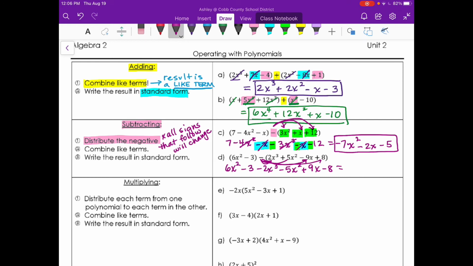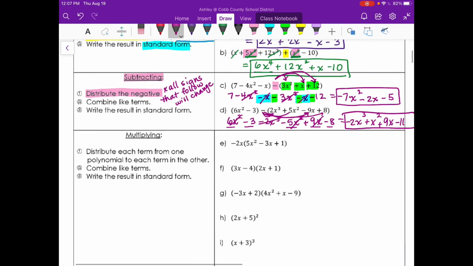I only have one x cubed term, and that's negative 2x cubed, right there. I have 6x squared minus 5x squared, which is positive 1x squared. Then I have a positive 9x, and I have negative 3 and negative 8, which gives me negative 11.